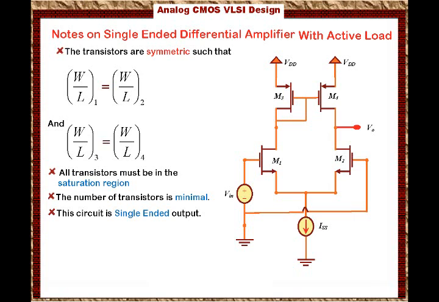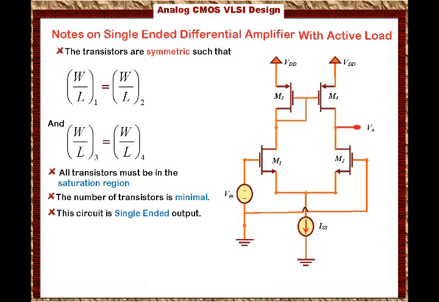This circuit has a single-ended output, which means that you cannot use it for a differential output amplifier. Remember, we discussed that the differential amplifier can have single-ended output or differential output. This is a single-ended output, so there are applications where this circuit cannot be used.